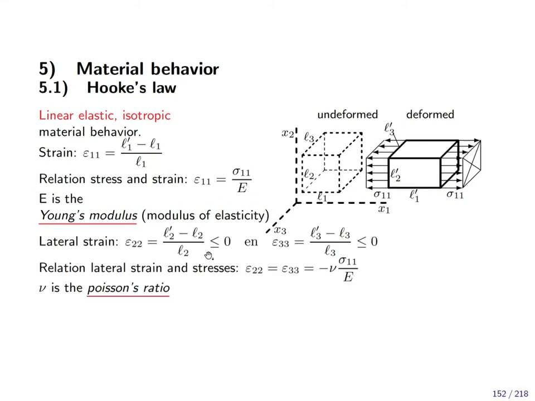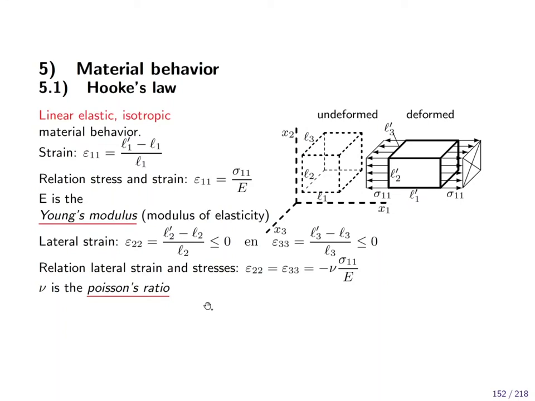Now, next slide. The lateral strain, that is then the strain which is the change in the two direction, and the 3 is the strain in the three direction. Now, any arbitrary object, if we deform it in the one direction as indicated here, so the action is sigma 1,1, the reaction is epsilon 1,1, that's the direct reaction, but there's also a perpendicular reaction, and that one is quantified by the Poisson's ratio, or in Dutch, the dwarscontractiecoëfficiënt.